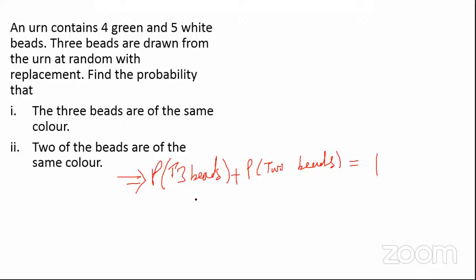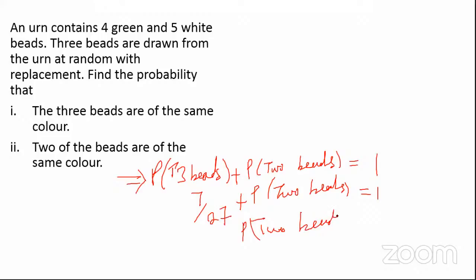So this one gave us 7 out of 27. So we shall add this and we equate it to 1. So the probability of 2 beads would be 1 minus 7 over 27.